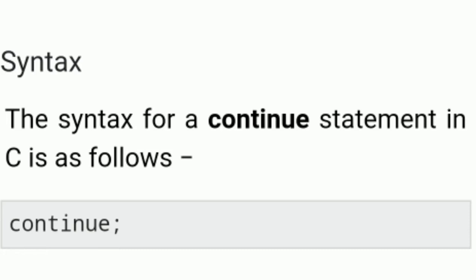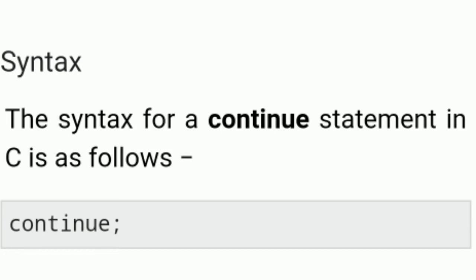The simple syntax of the continue statement: continue ended with a semicolon. This is simple. For the for loop, the continue statement causes the condition test and increment portion of the for loop to execute.